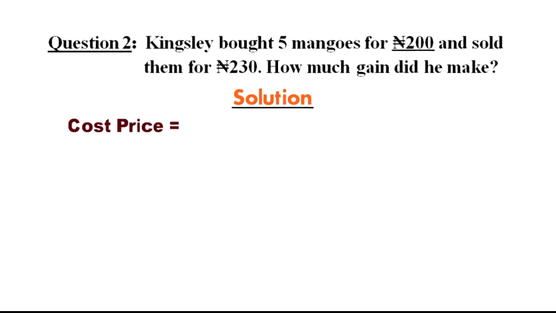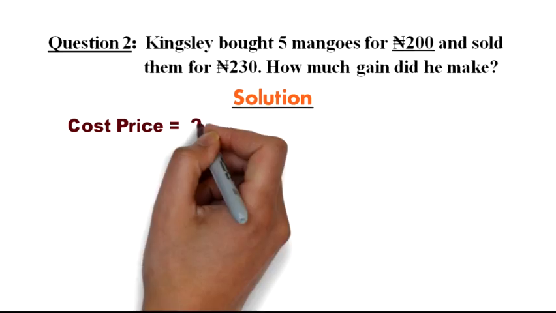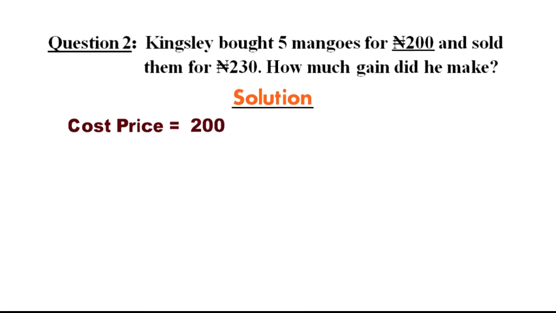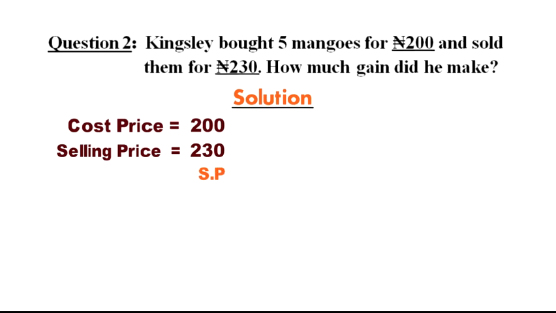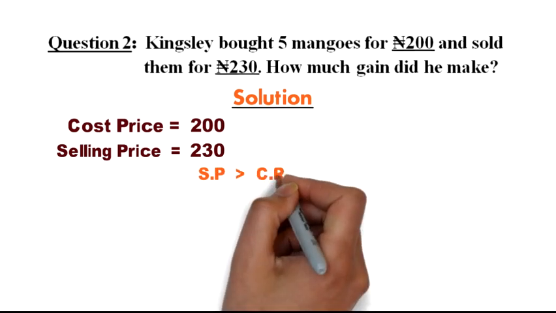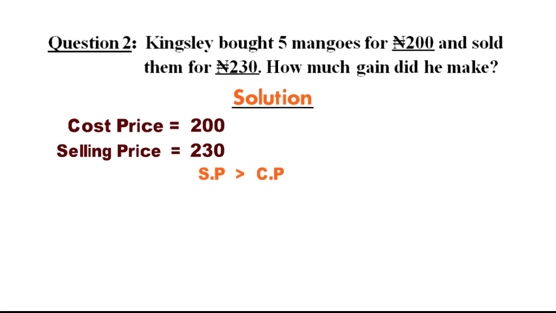Therefore, the cost price for the 5 mangoes is 200 naira. Then, he sold the 5 mangoes for 230 naira. So, the selling price for the 5 mangoes is 230 naira. From our parameters, we can see that the selling price, which is 230 naira, is greater than the cost price, which is 200 naira. Therefore, a gain was made.